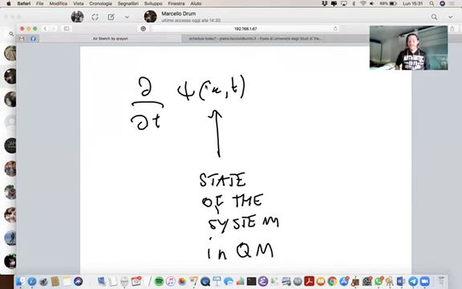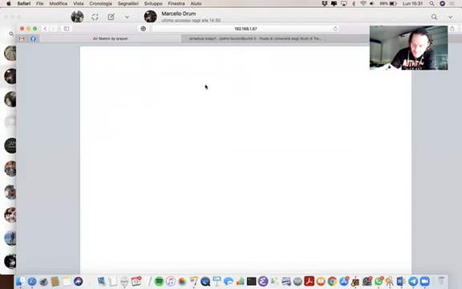So if I were to build a dictionary of what we did so far, in classical mechanics we have the state, and in quantum mechanics the wave function.